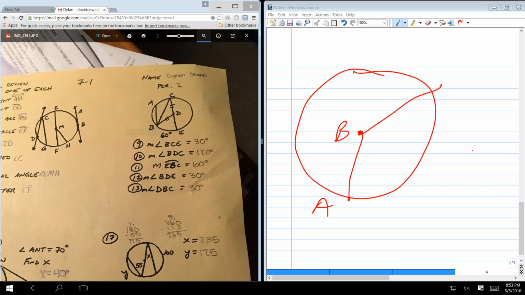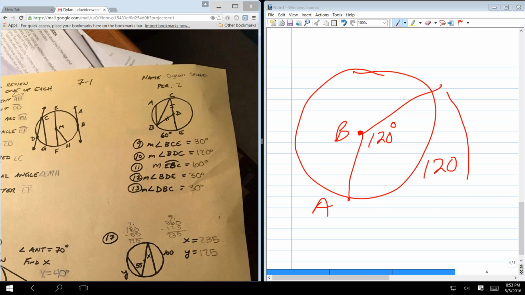Central angles always intercept an arc that's the same size. In other words, in my drawing over here, if that's 120 degrees, then that's 120 degrees from there to there. It's only inscribed angles that intercept an arc that's twice their size.